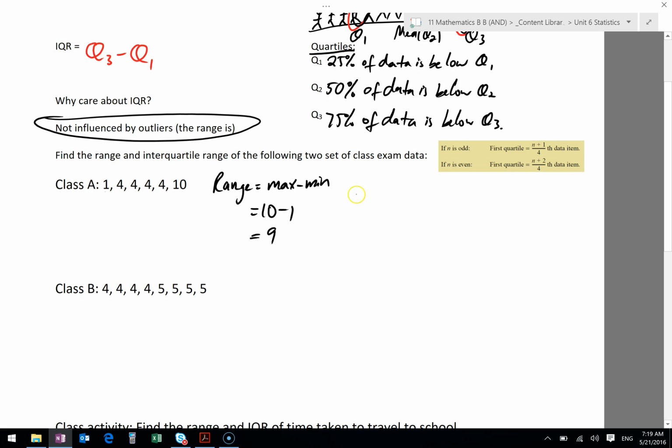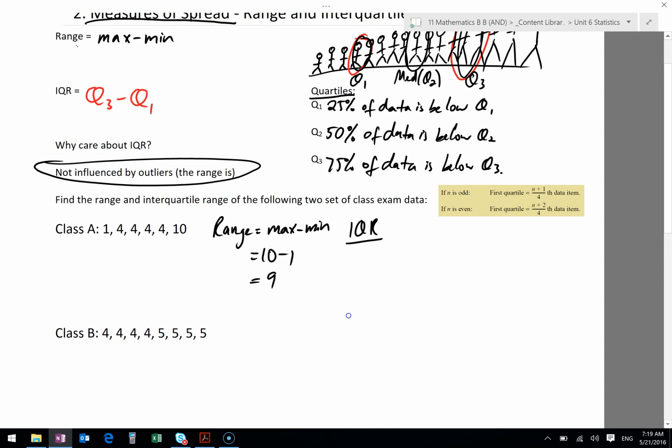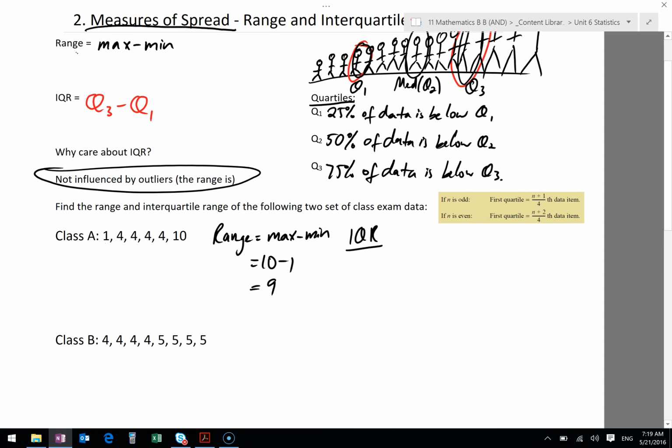For the interquartile range, there's a little bit more involved. We first need to find what Q1 and Q3 are. Since we've got individual bits of data, we're going to have to use these two formulas. Similar to the median formula, need to look at how many scores we have. 6 scores, so n is even.